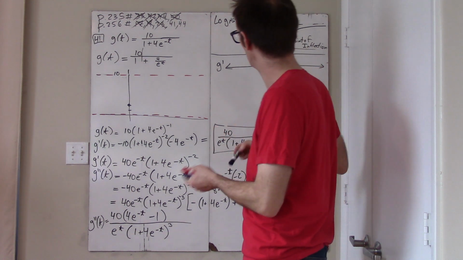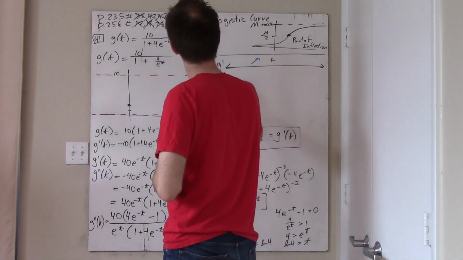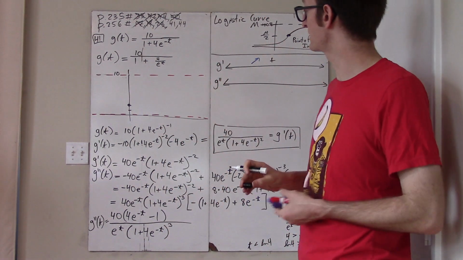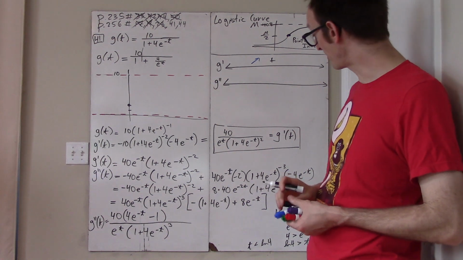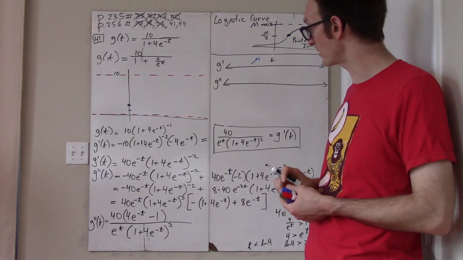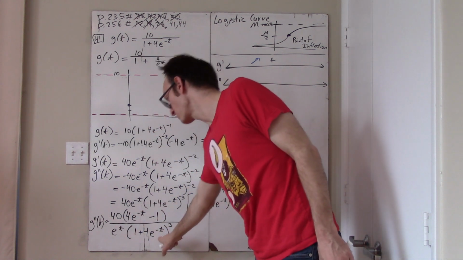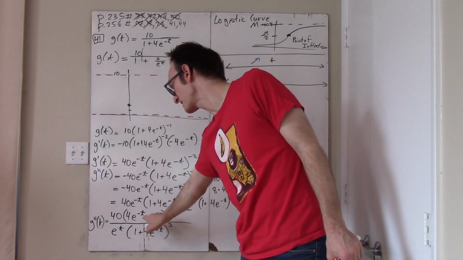And finally, G double prime, this is the part that took all the time and effort. G double prime, I have determined, if you followed all of this, that 40 is always positive, e to the t is always positive, this is always positive, so the only thing changing sign is this expression.